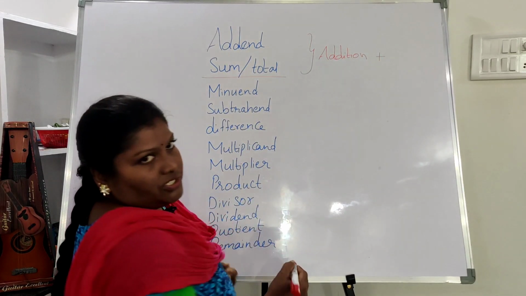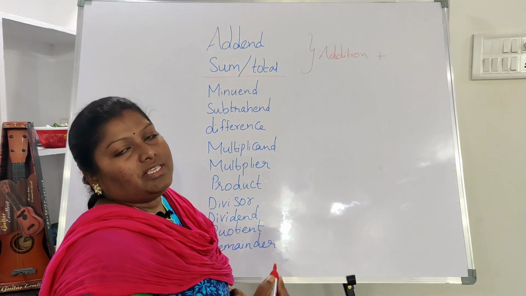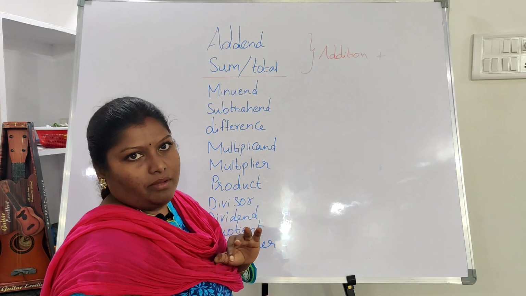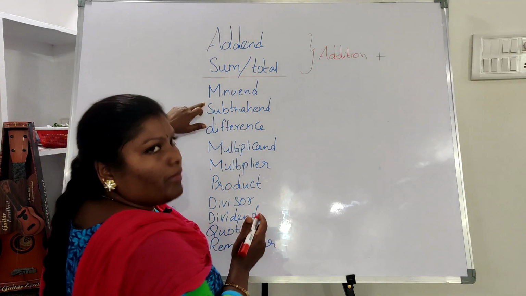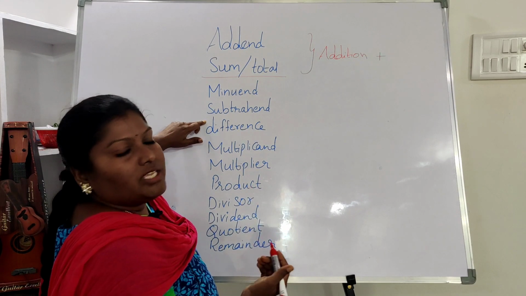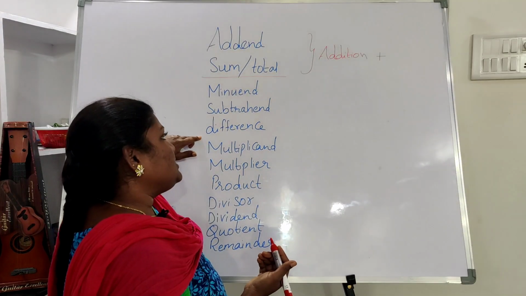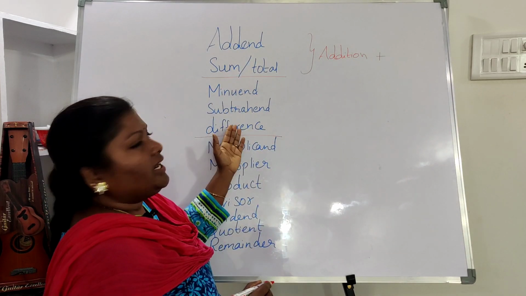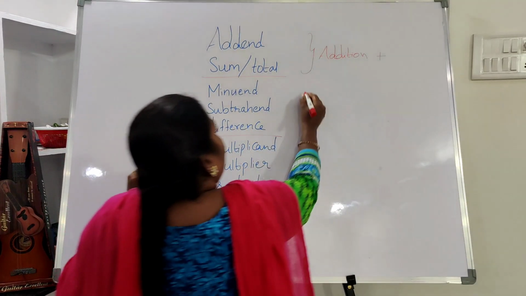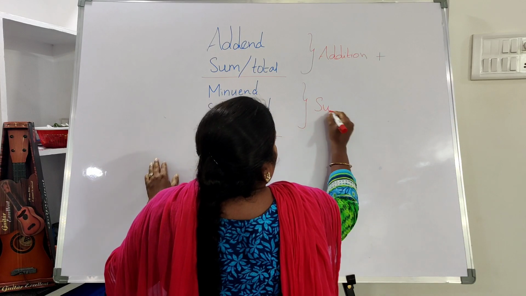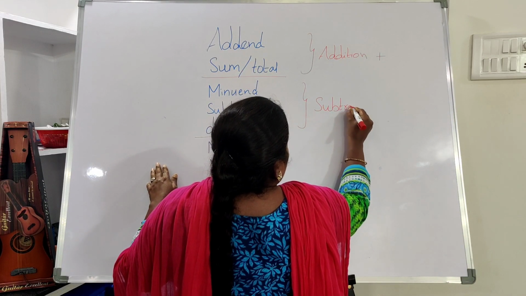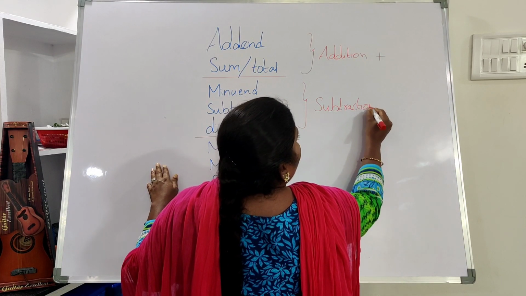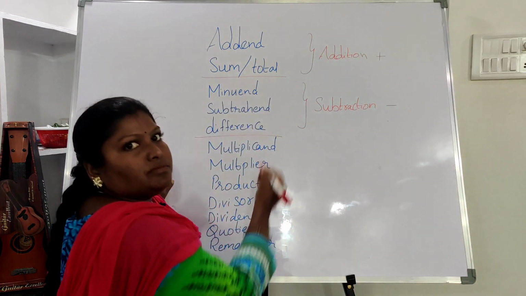When we subtract, we normally subtract bigger number minus smaller number. The bigger number is called minuend, the smaller number is called subtrahend, and the result is called difference. These 3 terms are related to subtraction, and the symbol is minus.